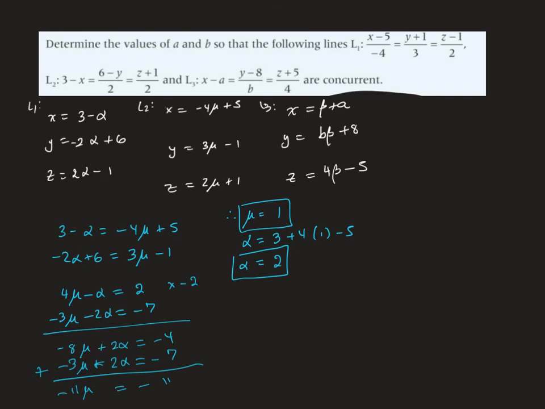Now let's check if this works for the third equation, which would be 2 alpha minus 1 equals 2 mu plus 1.